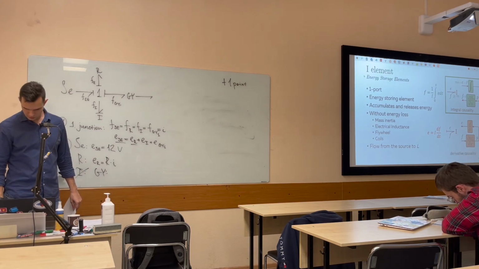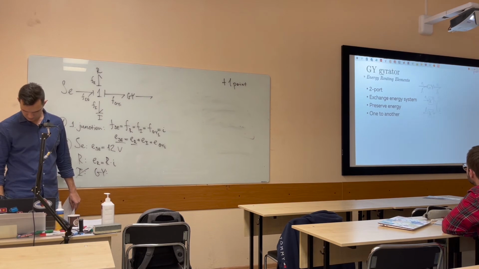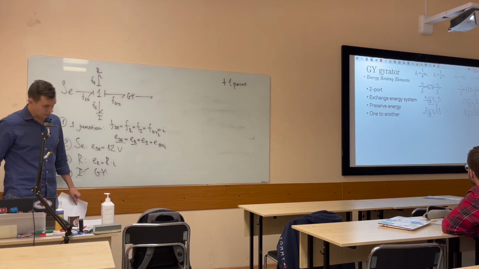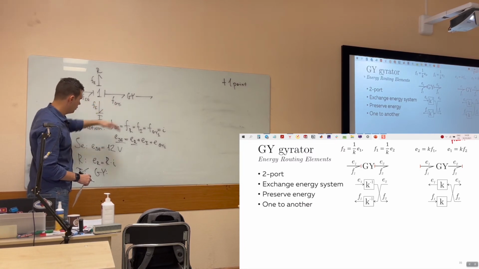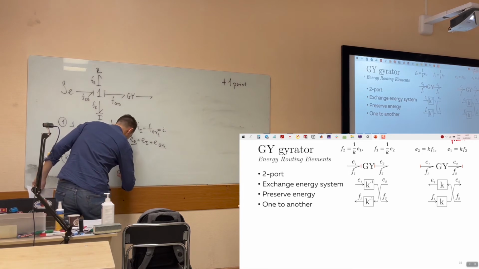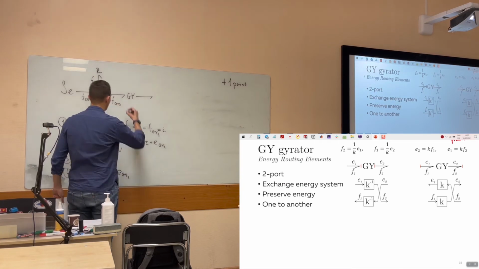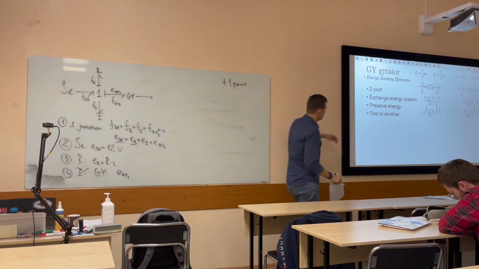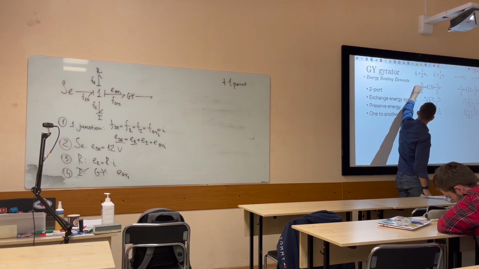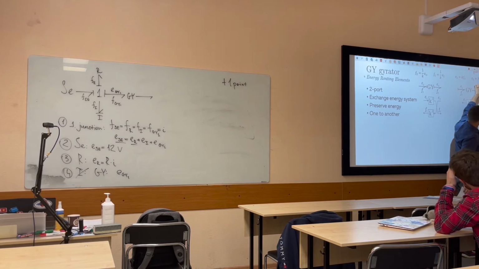If we go to the gyrator, we know Fgy. We need to consider the effort of this GY1, so I will call this one Egy1. So I need to calculate what is the E1, and the E1 equals K times F2.